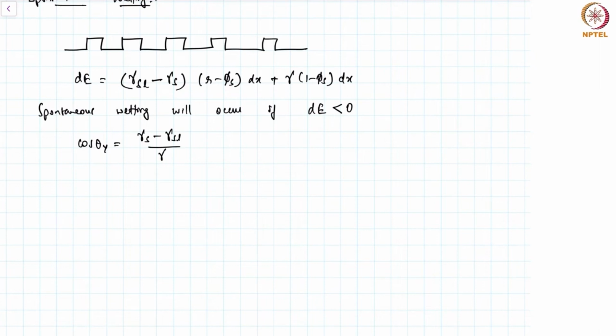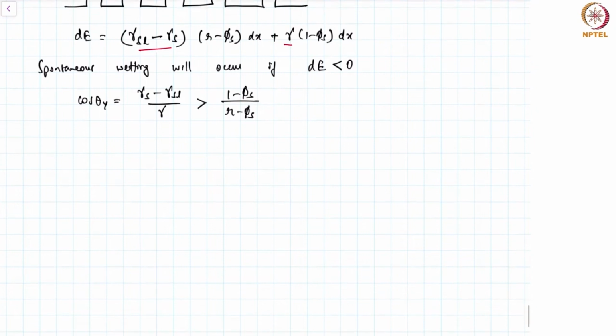This is coming from the different surface energies. The cosine of this will turn out to be greater than (1 minus phi s) by (r minus phi s). So this is the case where we have spontaneous wetting if this condition is met.